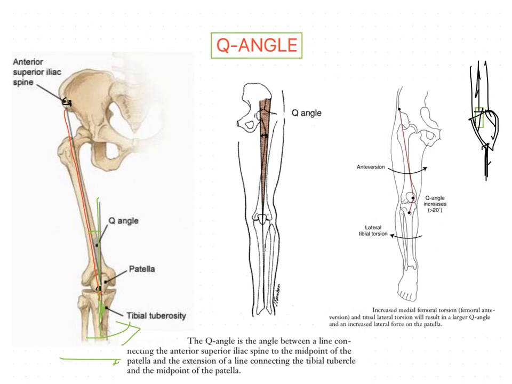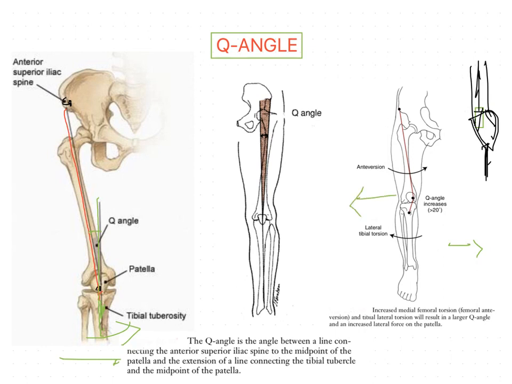A Q angle of 20 degrees or more is considered abnormal, creating excessive lateral forces on the patella that may predispose the patella to pathological changes.